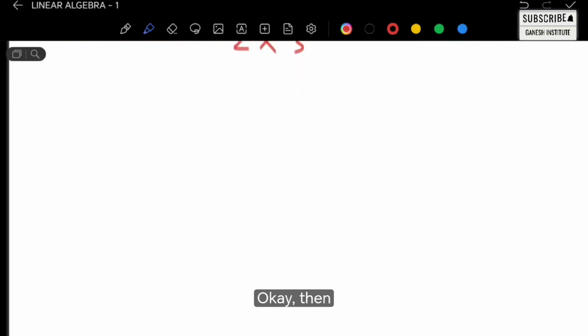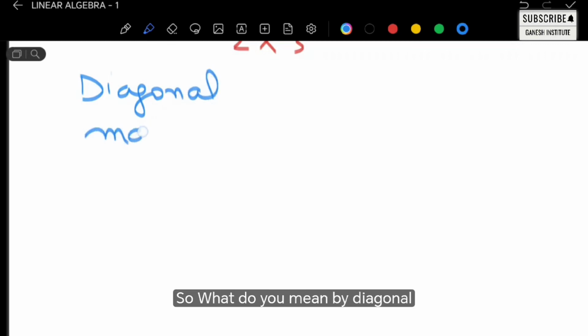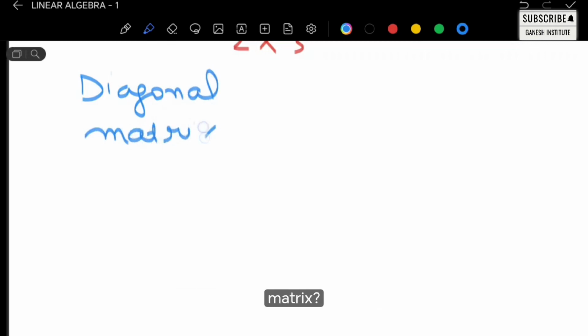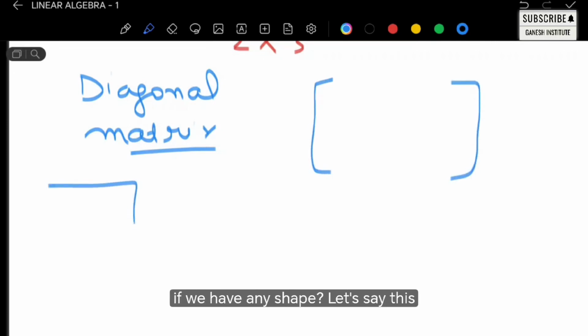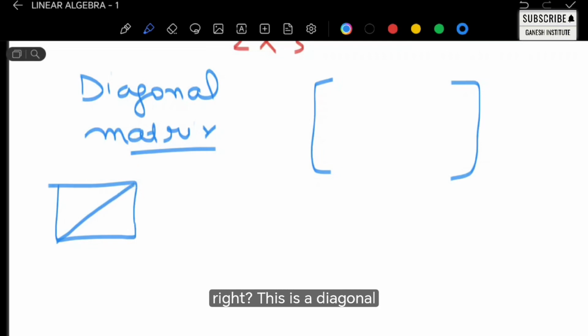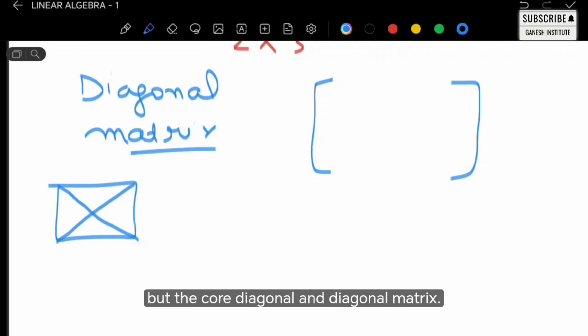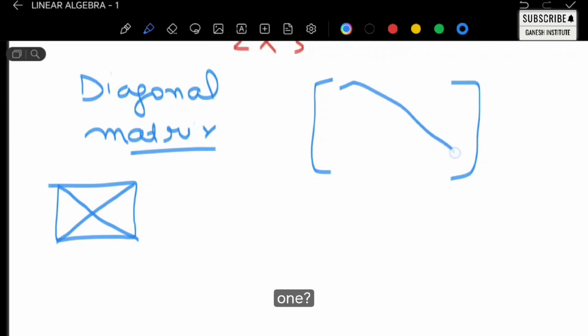Okay. Then comes diagonal matrix. So what do you mean by diagonal matrix? See, if we have any shape, let's say this rectangle, this is a diagonal, right? This is a diagonal. But the co-diagonal in diagonal matrix is this one. Okay.